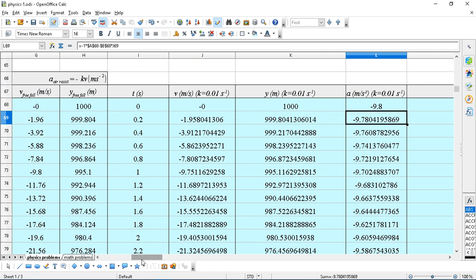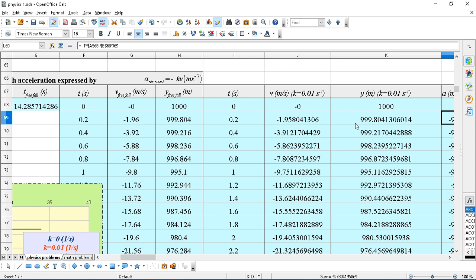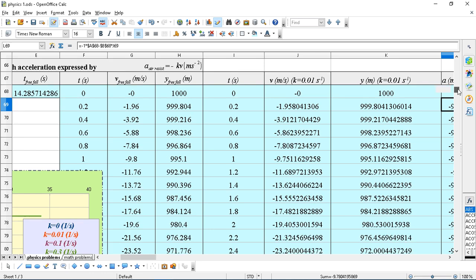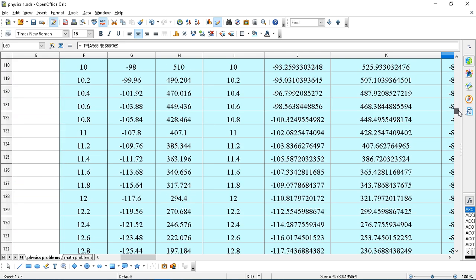That means that if you look at the values for velocity and position in comparison to those for the free fall, you will notice that the values are not very different from those of the free fall.